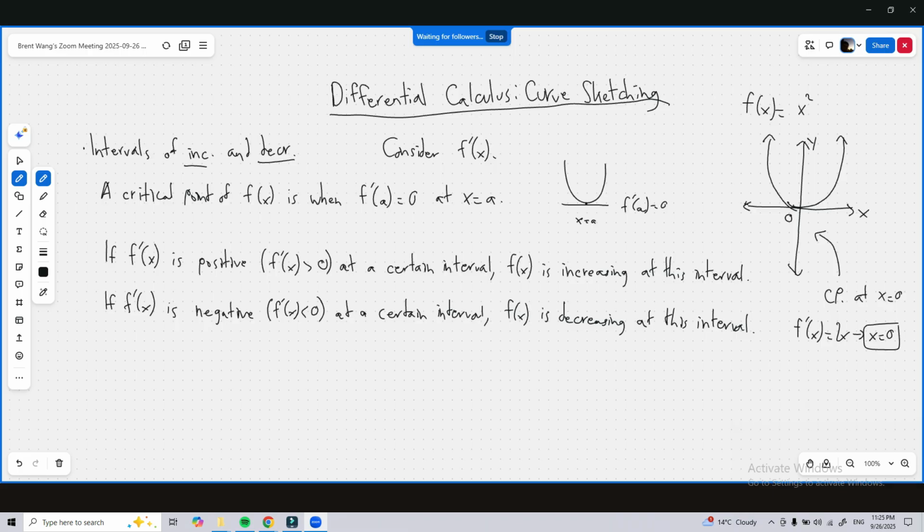Now, when you find critical points, you need to do a test to see if the critical point is a local minimum or a local maximum. So let me give you a visual representation of what these look like. A local minimum looks something like this, and a local maximum looks something like this.